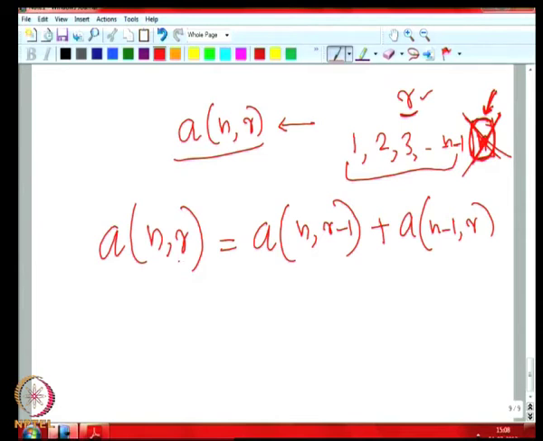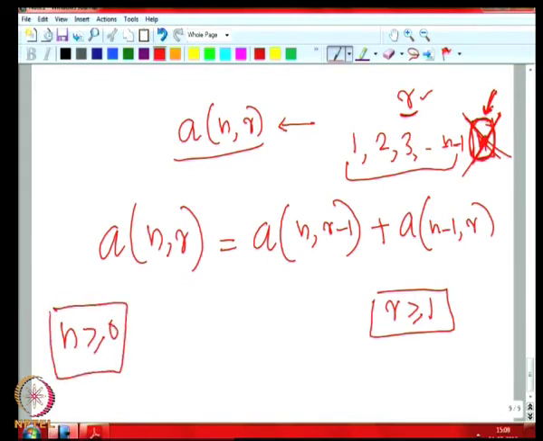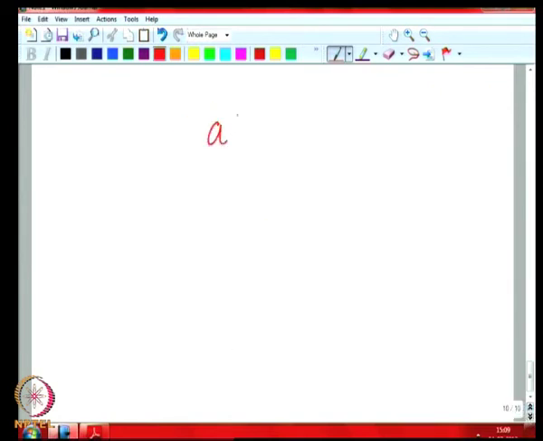We can say that this is valid for r greater than or equal to 1. Here we will assume n is greater than or equal to 0.